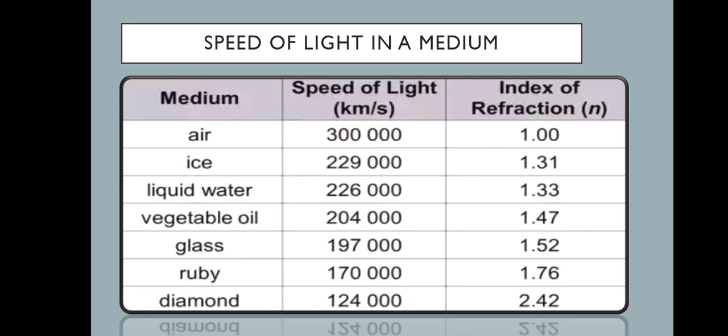The speed of light in air is maximum and the index of refraction of air is minimum, and with the increase of refractive index of any medium the speed of light is decreased. There is a relationship between the speed of light and the refractive index. Let's see what that relation is.